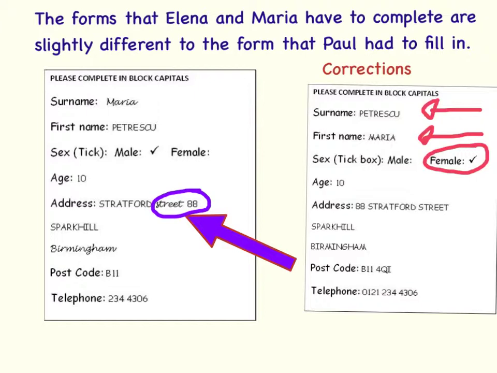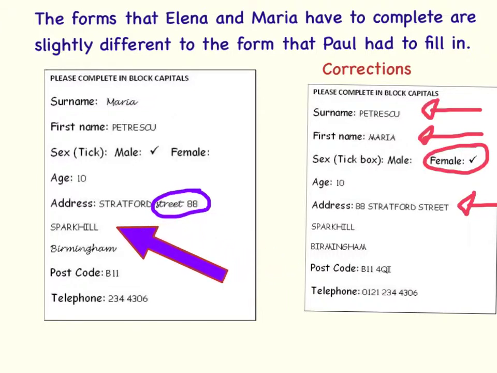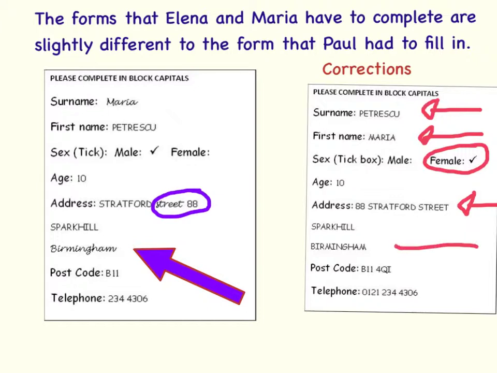It should have said 88 Stratford Street, as we have over here. She correctly wrote Spark Hill in capital letters, and it is spelt correctly, so we don't have to do any corrections there. She's identified her town as Birmingham, but she didn't write it in capital letters, so we do need the correction over here in capital letters.